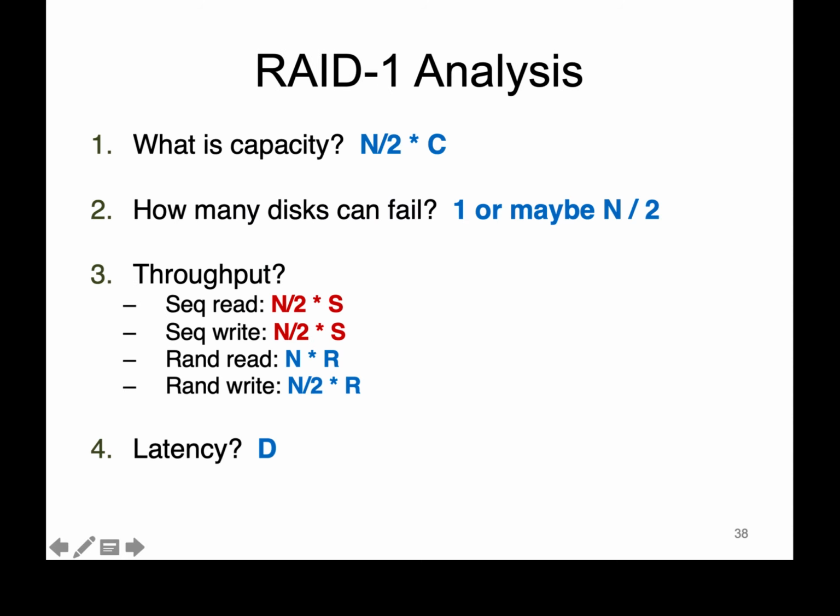So this is the sequential read and write. In terms of random read, you have a scalability factor of R without a decreasing factor of 2, because again we use the same example. We have a total number of 4 disks, right?